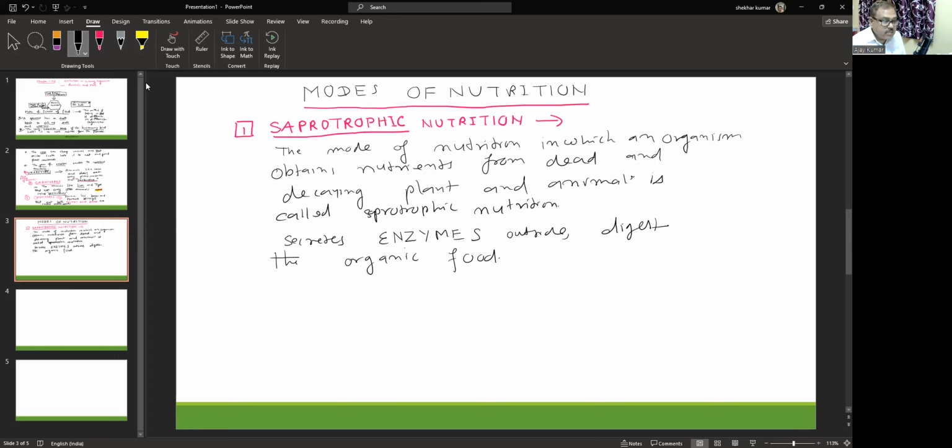So there are some important lines for you. Saprotrophic nutrition takes nutrition from dead and decaying plants and animals, secretes enzymes outside the body, digests the organic food, and absorbs the soluble organic compounds.